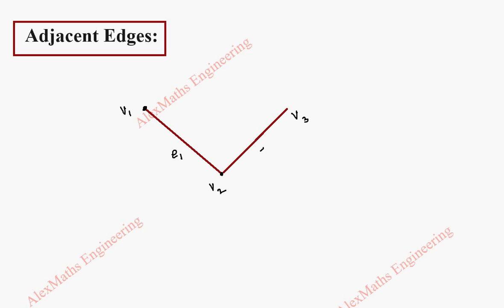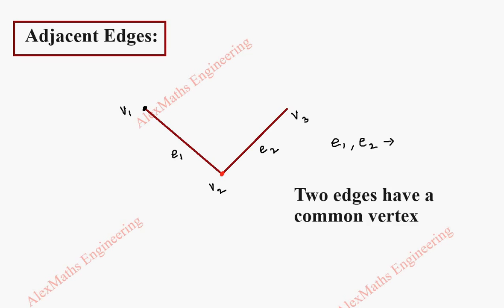This is our edge 2. So these two edges have a common vertex V2. So we call these adjacent edges. So here we can say E1 and E2 are called adjacent edges because they have a common vertex.